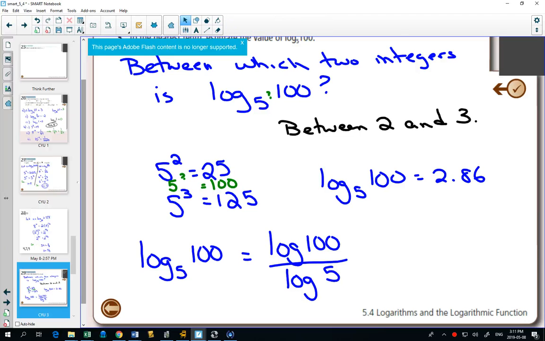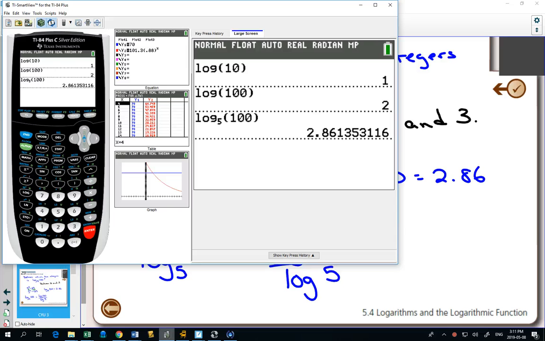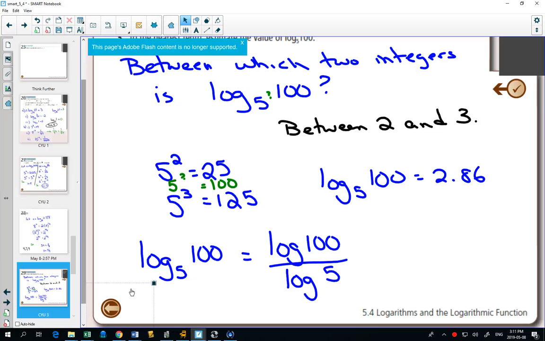If I go to my calculator and I go log of 100 bracket divided by log of 5, notice that I get exactly the same answer. So if you don't have a TI-84 to do the log base, you have that as an option, but you'd have to remember that.